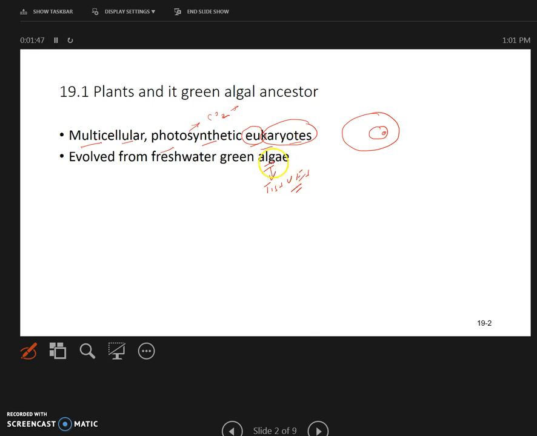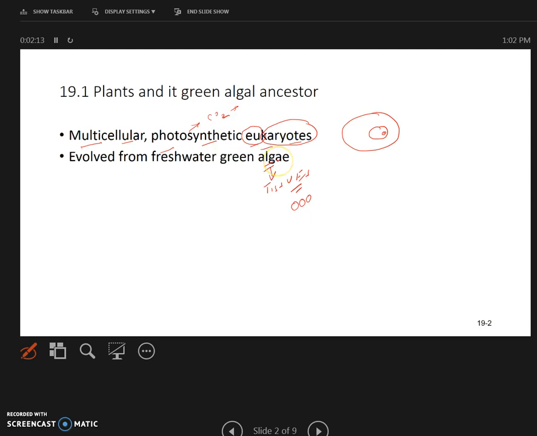Like poriferans, algae are just a group of cells living together in a colony, not organized in tissues, organs or systems. So the plants have evolved from freshwater green algae, and what are the similar characteristics of the algae as well as the plant groups?